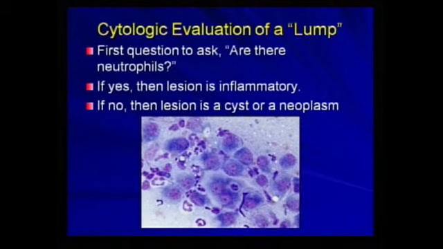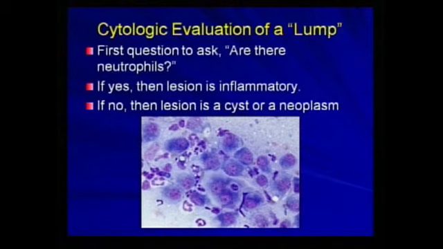Now the first question that you need to ask yourself, not that you ask the practitioner or the owner, when you first start looking at these preparations is a simple one. Are there neutrophils or not? If there are neutrophils, you're almost always dealing with an inflammatory lesion.